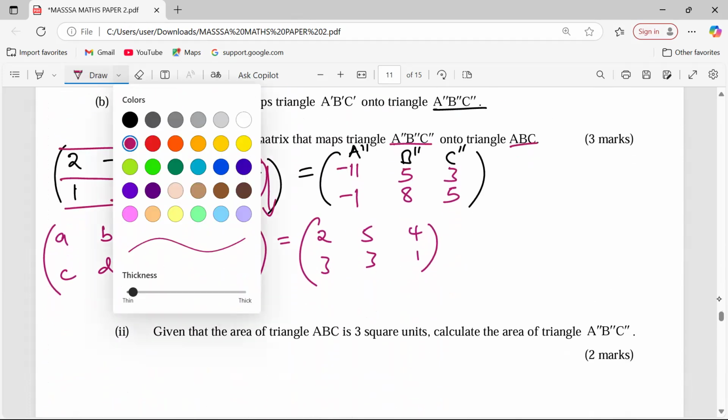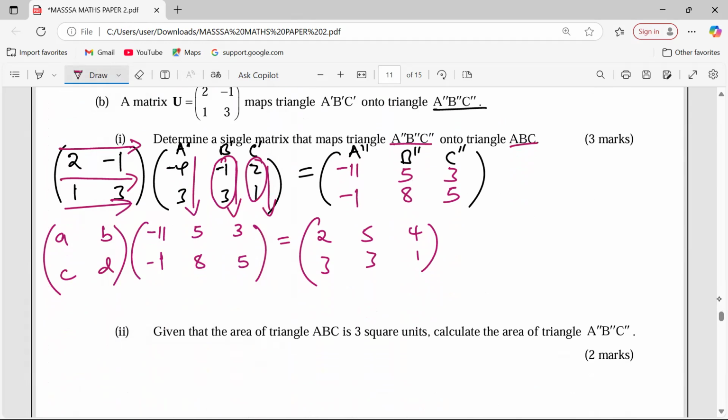Good, that way. So let's get now the matrix of transformation responsible in this particular transformation. So this one multiplied by this should give us the first element. So negative 11a, negative b, should give us 2. Negative 11a minus b, because negative 1 multiplies b, should give us 2.